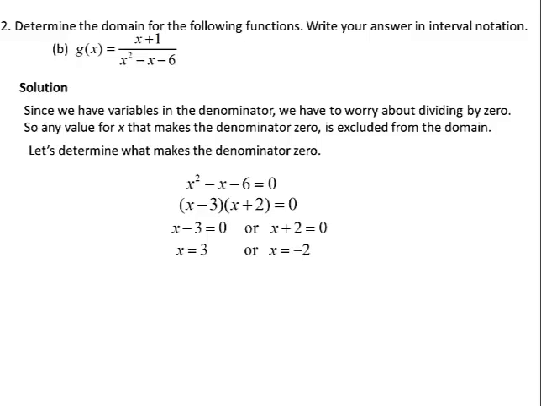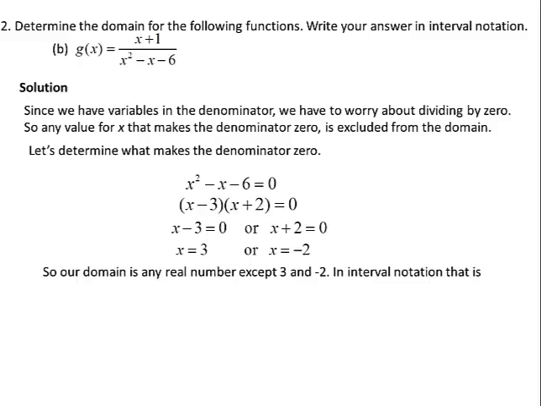They cannot be in the domain. So our domain is any other real number you can think of except for 3 and negative 2. So in interval notation, your domain would look like this: negative infinity to negative 2, parentheses, union with negative 2 to 3, parentheses around both there. Then finally, union with 3 to infinity.